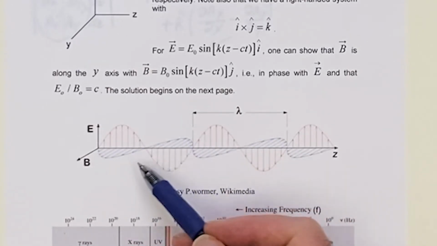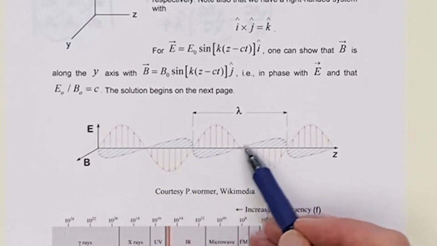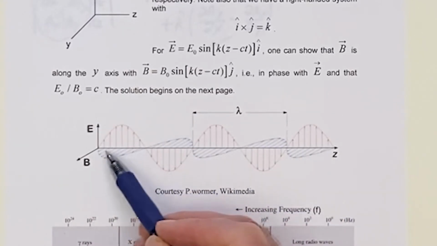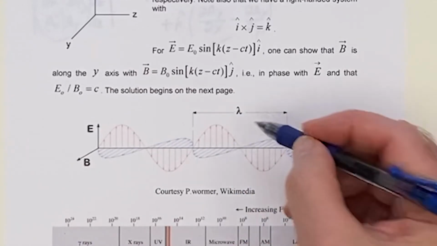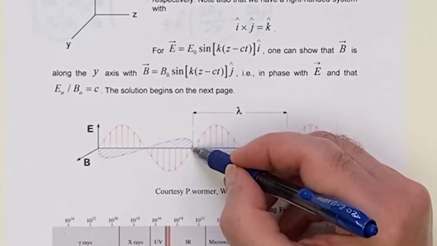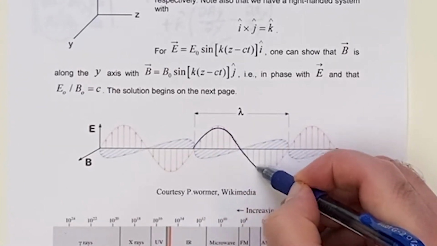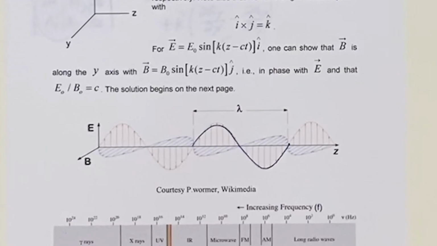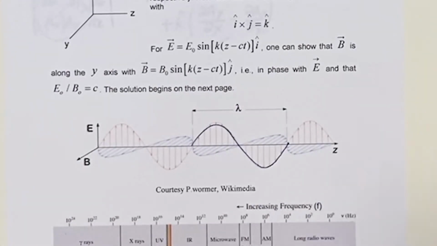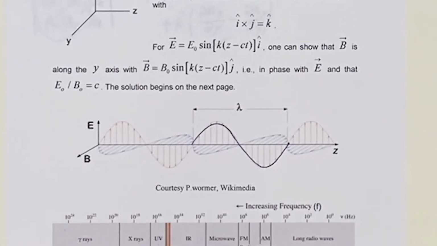Remember, delta was 0, and look at that, they're perpendicular, and the propagation is down the z-axis to the right. There's your wavelength, where you have one cycle. Very, very beautiful. A whole realm of physics opens now, the realm of optics, electromagnetic waves, visible and invisible light.